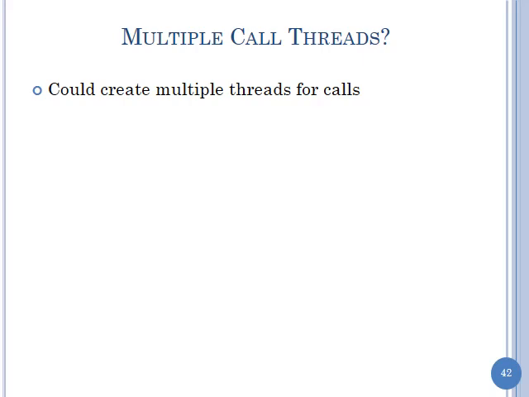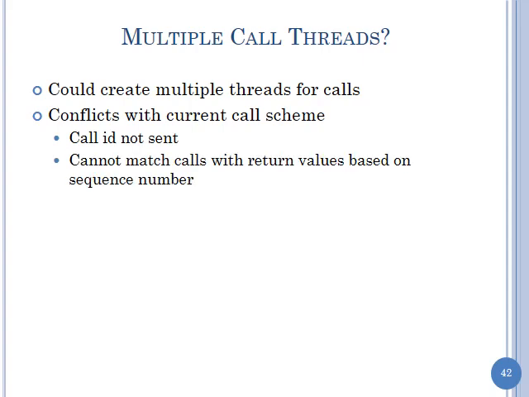I still don't quite think it's a good idea to have multiple threads executing calls, but there may be applications where that's important. So I'm thinking of actually adding the caller ID now, and that will require changes. It conflicts with the current call scheme: the call ID is not sent, so we cannot match calls with return values based on a sequence number, only based on the order in which they arrive back.